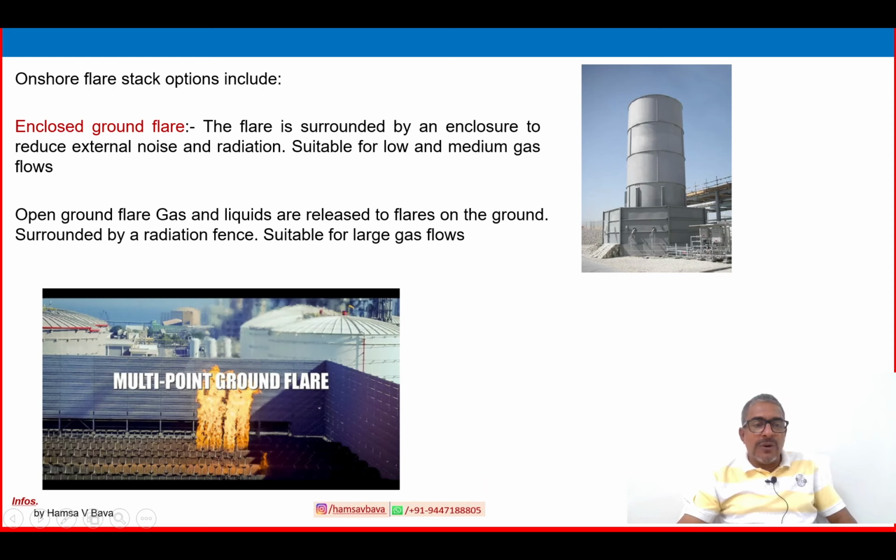And the open ground flare is not much height either. Gas and liquids are released to the flare on the ground, surrounded by a radiation fence. See, radiation fences are there, suitable for large gas flow.